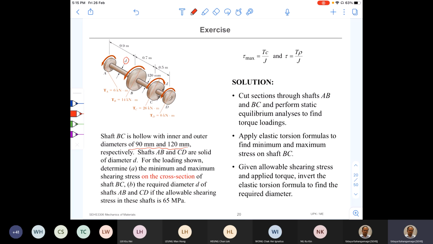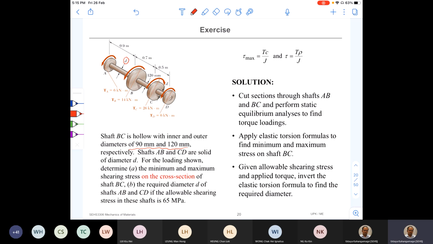Now it is very similar to a question that we have done before, right? So we know that is a hollow circular shaft. We have to find out the outer surface shear stress and inner surface shear stress, that is the maximum and minimum.